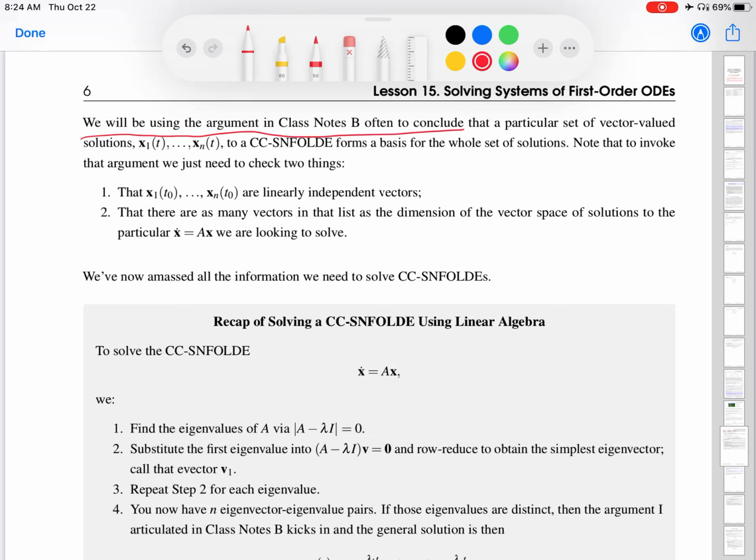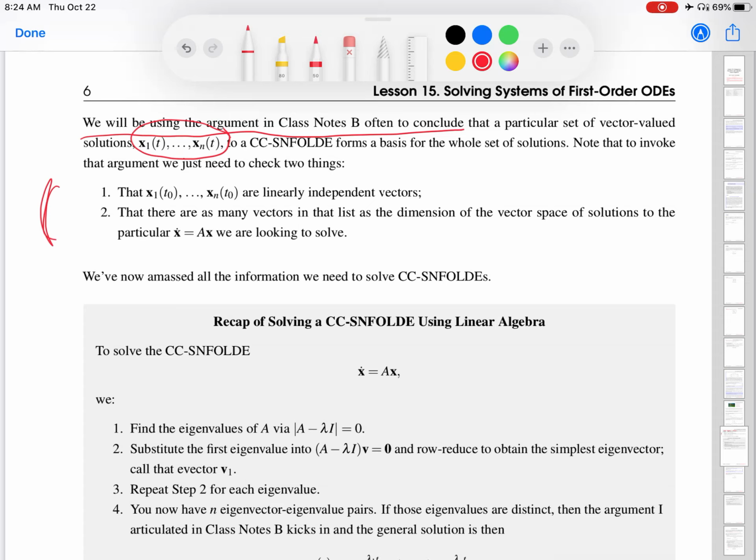So I'm going to scroll down here and just remind you that this argument leaves just two things for us to check, and that's what I wrote here. We want to check, assuming, of course, that we have found n solutions, where n is the same as the dimension of the space, which for us is going to be the same as the number of ODEs in the system or the size of the matrix A. They're all equivalent.